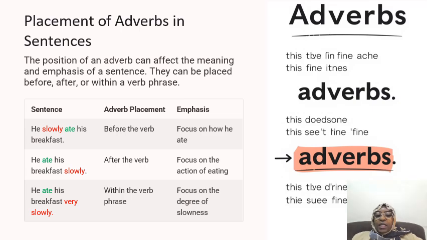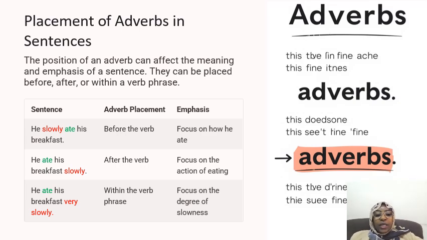They can be placed before, after, or within a verb phrase. Well, look at the examples. We're going to have a sentence and look at the placement of the adverb. Okay, so follow me.